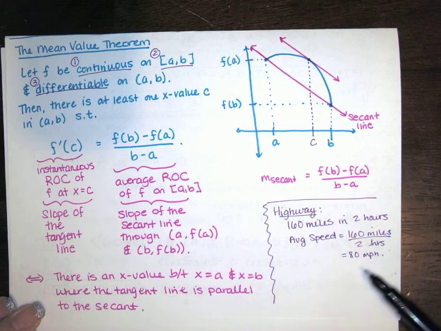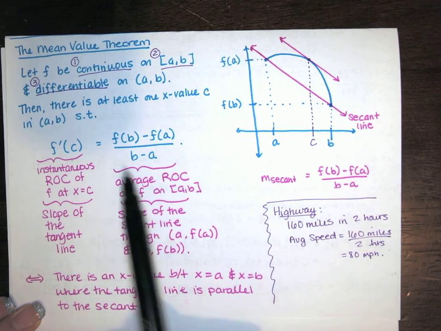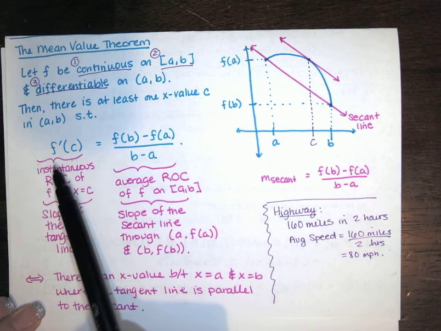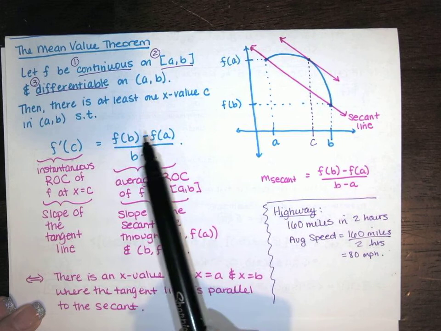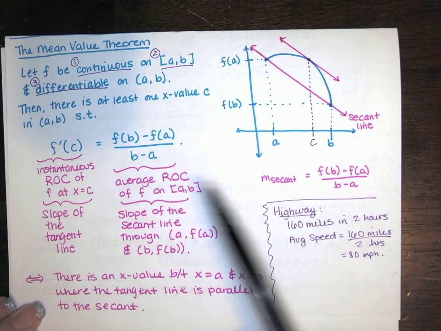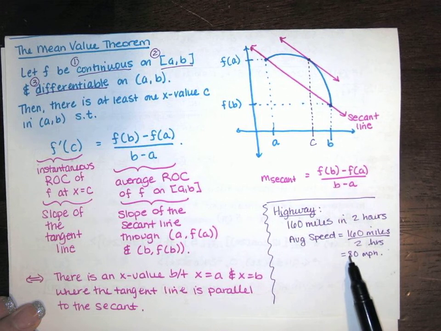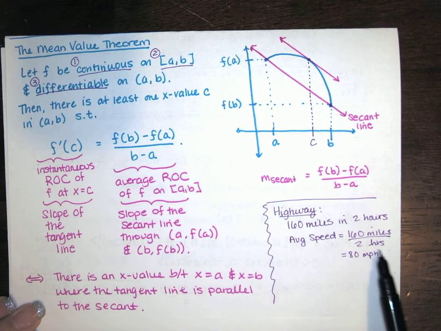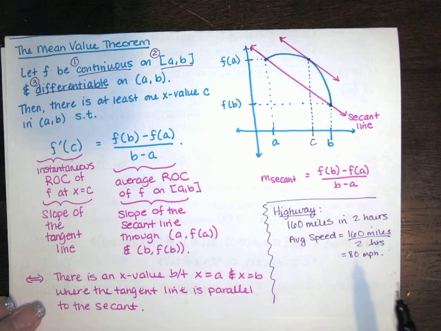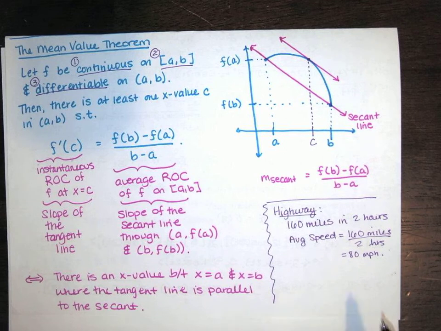I may have slowed down a little bit sometimes and speeded up a little bit at other times, but the mean value theorem says there's some point when my instantaneous speed is equal to my average speed. And using that, we'd probably catch a lot more speeders, even if the police officers weren't able to get them with one of those little guns and calculate their speed at the moment that they're speeding.